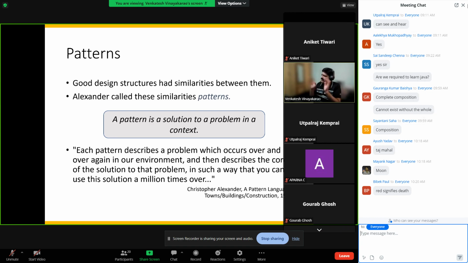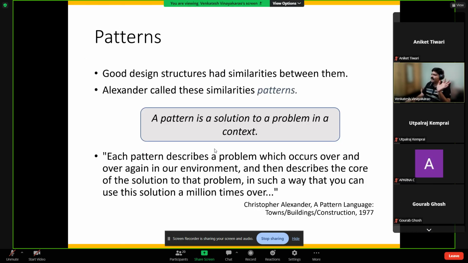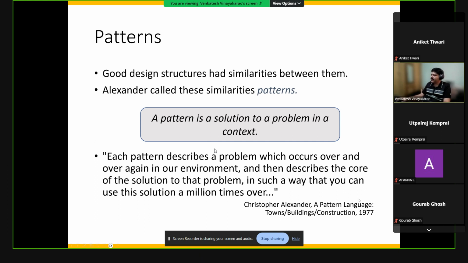A pattern, if I have to describe it, is a solution to a problem in a specific context. But keeping this definition aside, in the words of Christopher Alexander, each pattern describes a problem which occurs over and over again in our environment, and then describes the core of the solution to the problem in such a way that you can use this solution a million times over.